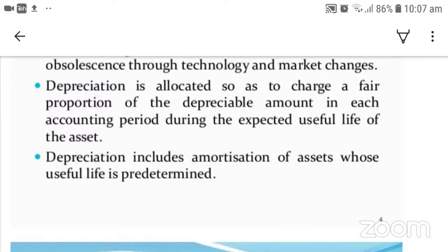Depreciation includes amortization of assets whose useful life is predetermined. We will measure the lifetime of an asset and charge depreciation as per the lifetime of the asset.